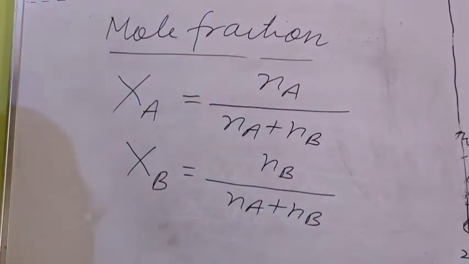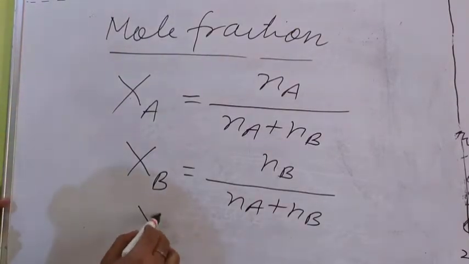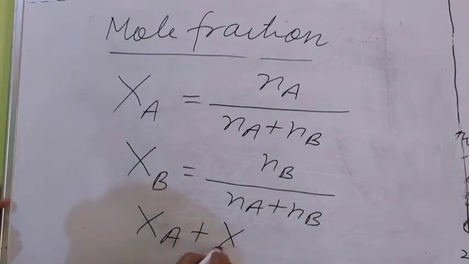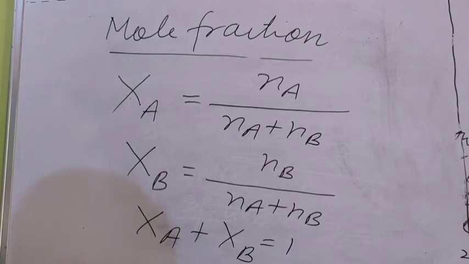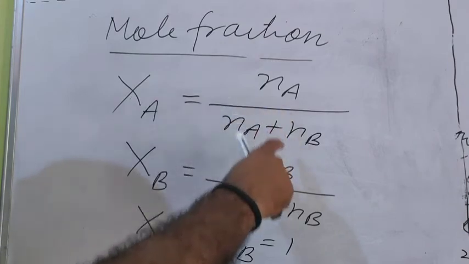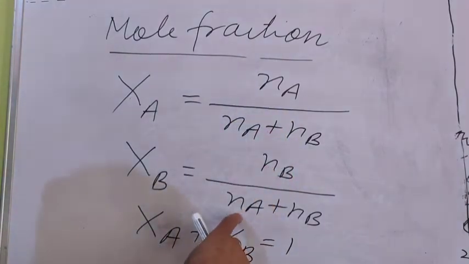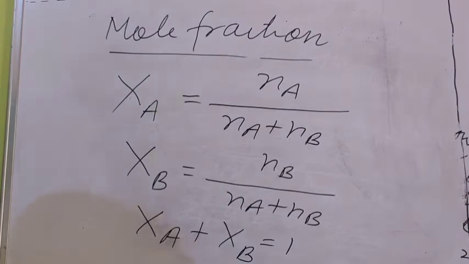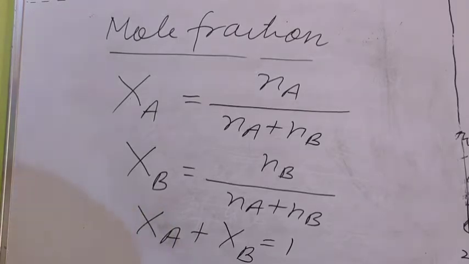And here you can say that Xa plus Xb is equal to 1, because Xa plus Xb is equal to Na plus Nb upon Na plus Nb, so that is equal to 1. So if you know the value of the mole fraction of one component, then you can find out the mole fraction of component B, that is 1 minus Xa.